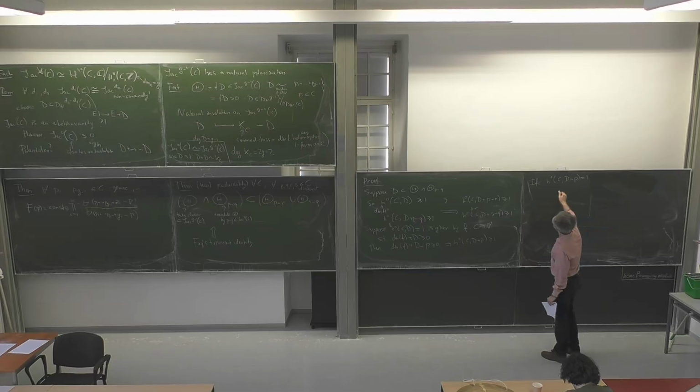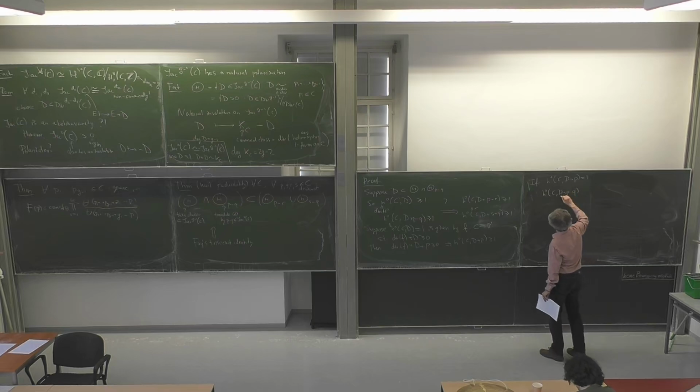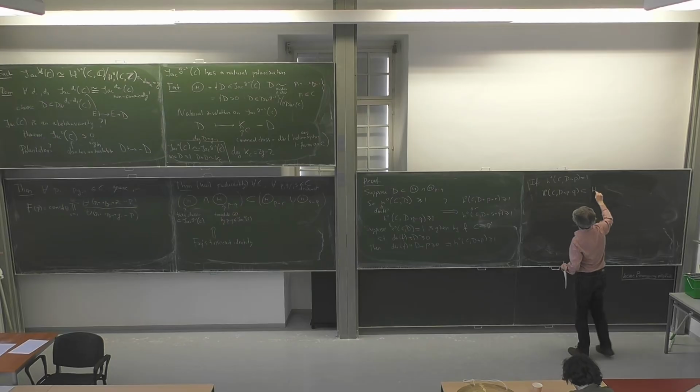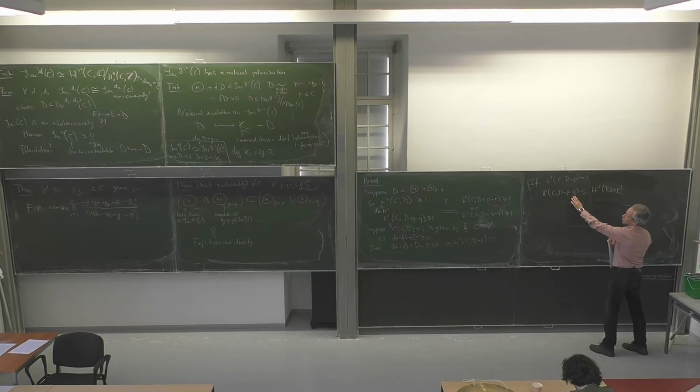Notice that in my convention, I claim that H0 of C of D is contained in here, in general, right? Because these are just functions which are allowed to have an extra pole. Of course, if I'm allowed to have an extra pole, I have it here.